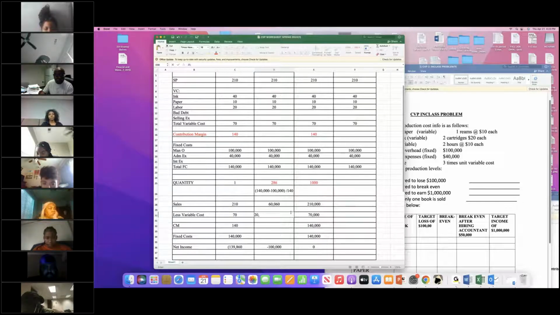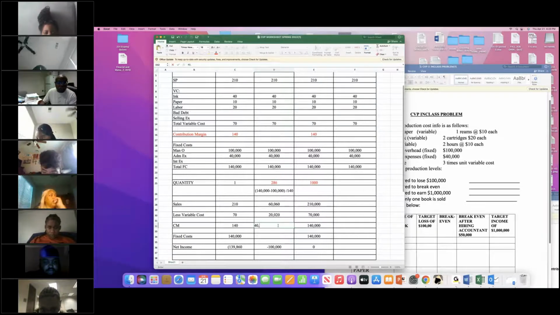What's our contribution margin? $40,040.